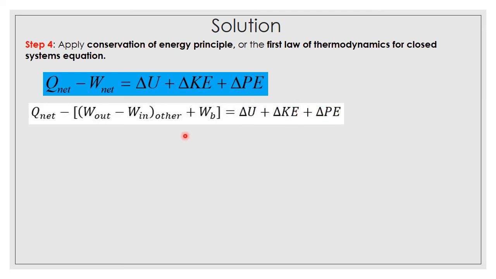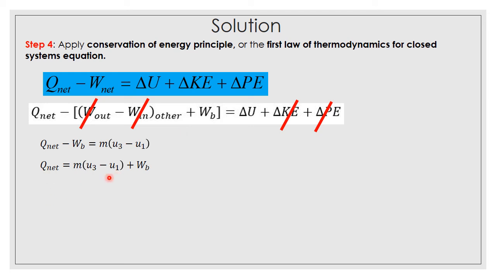Bear in mind, we can simplify this equation by neglecting terms for which information is not available from the question, for example W out, W in, kinetic energy and potential energy.